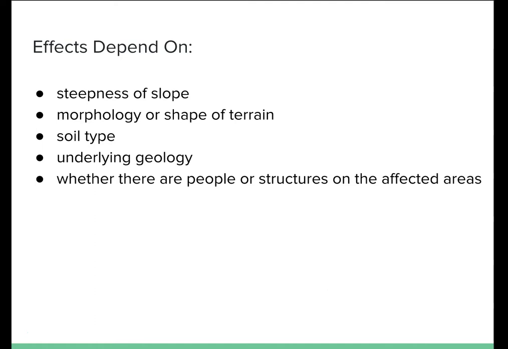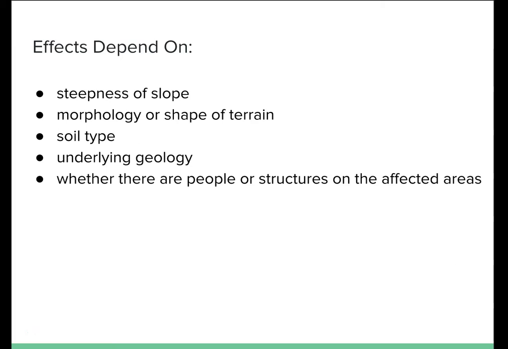So, what causes landslides? Well, there's a few specific causes, but one of the biggest effects is how steep your slope is, the shape of your terrain. Is it flat? Are there lots of valleys? Your soil type, what's in there, how thick is it, the underlying geology.